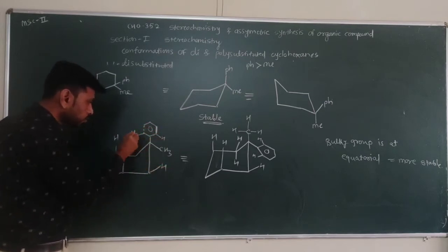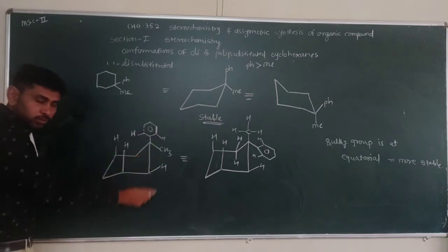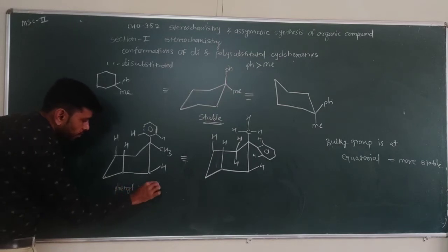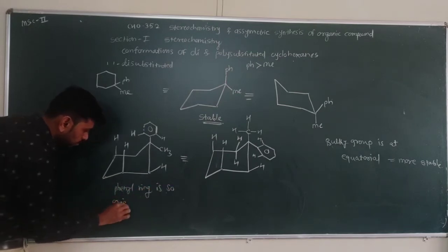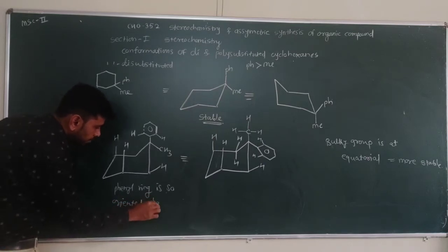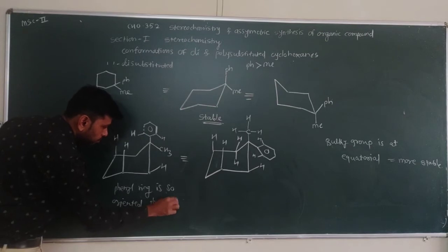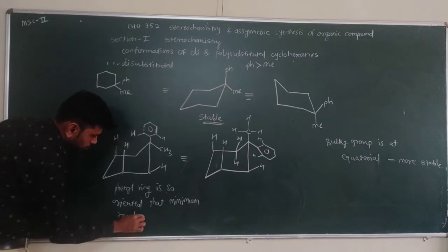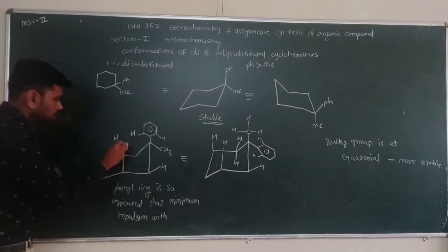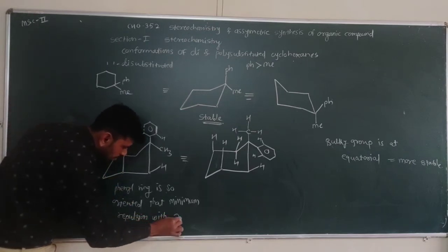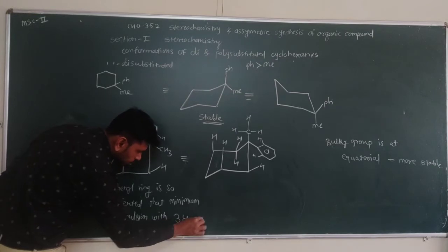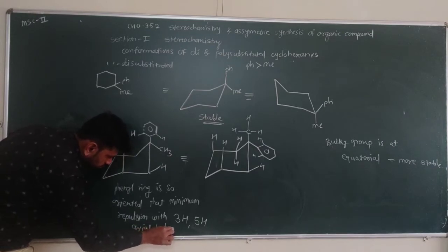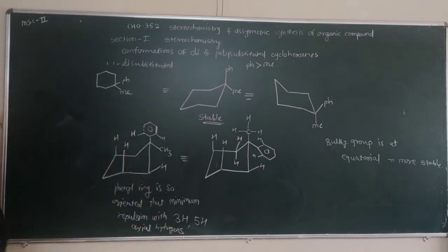These two hydrogens of the phenyl ring are so oriented that there is minimum repulsion with the axial hydrogens at position number 3 and position number 5. So that's why this structure is more stable.